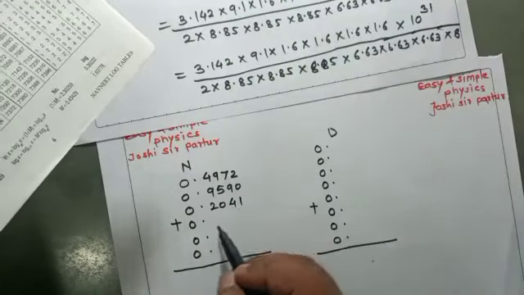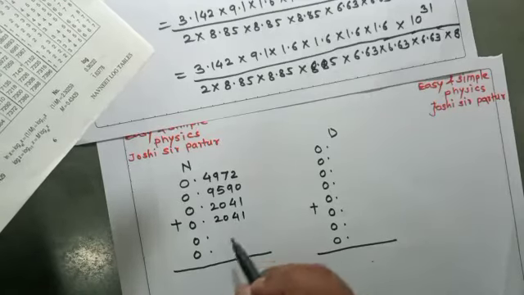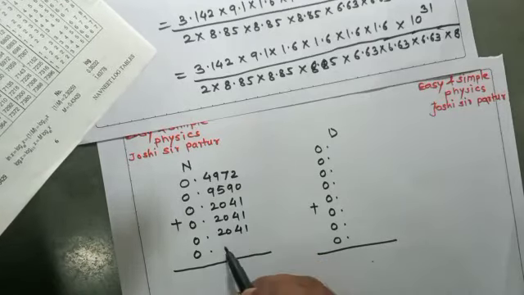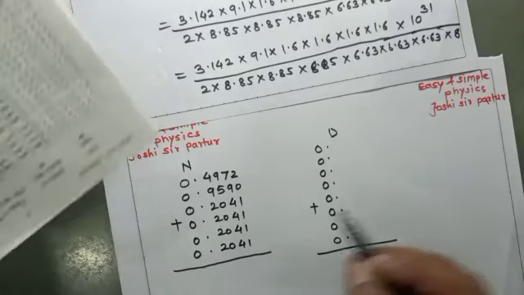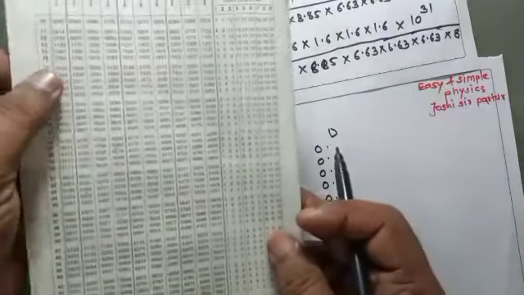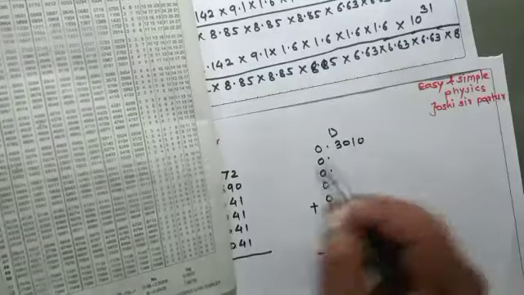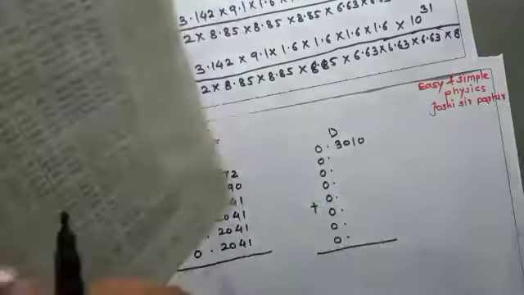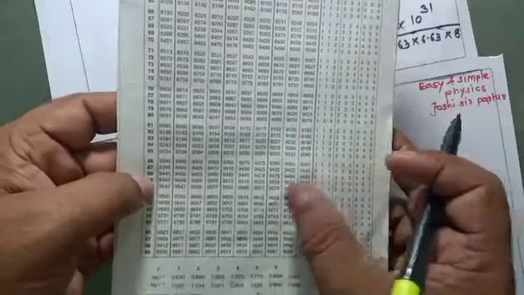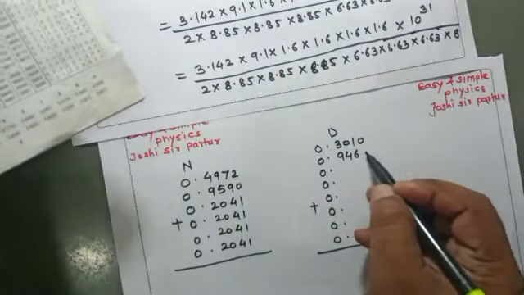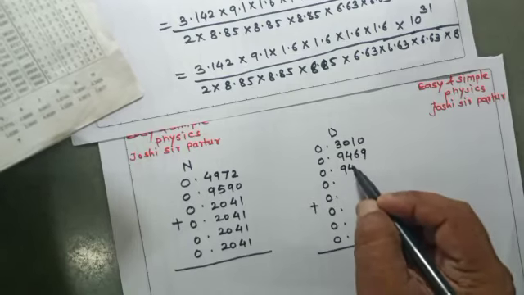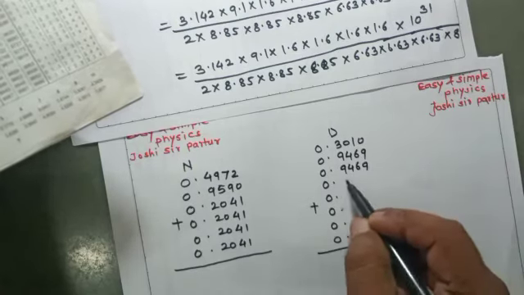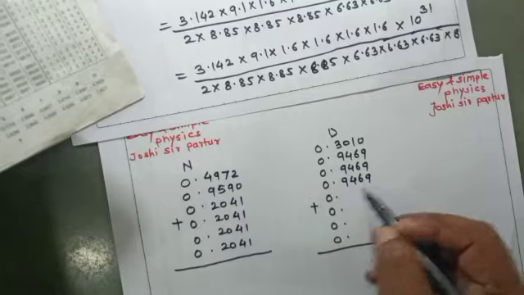So 4 times we write 2041, 2041, 2041. Here 2 means 20, that is 3010. 88 in 5, that is 9469, 9469 1 time, 9469 2 times, 9469 3 times.